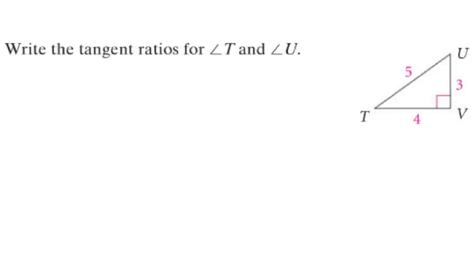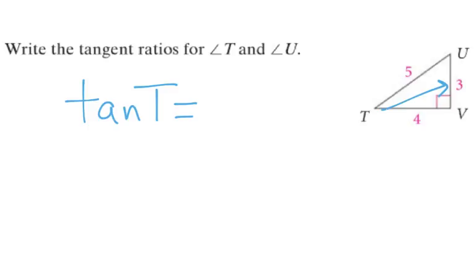Alright, now let's take a look here. Write the tangent ratios for angle T and angle U. When we write out tangent, we're saying tangent of an angle, sine of an angle, cosine of an angle. Notation-wise, we say the tangent of angle T is equal to opposite.